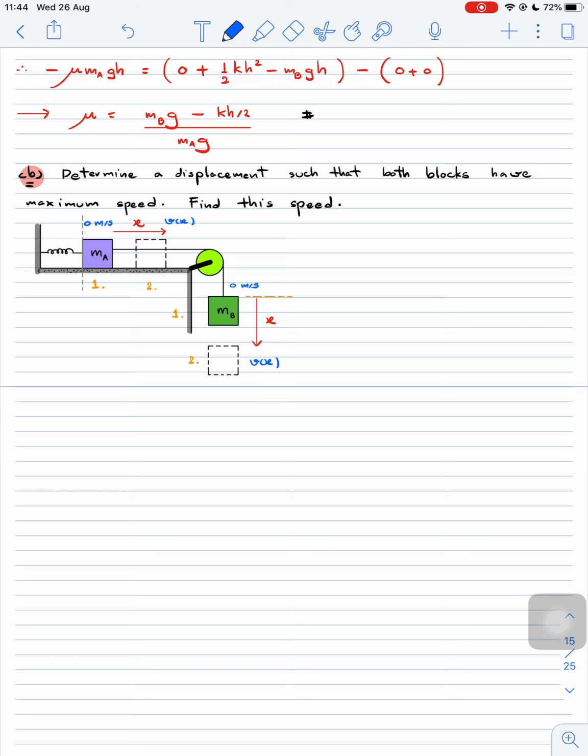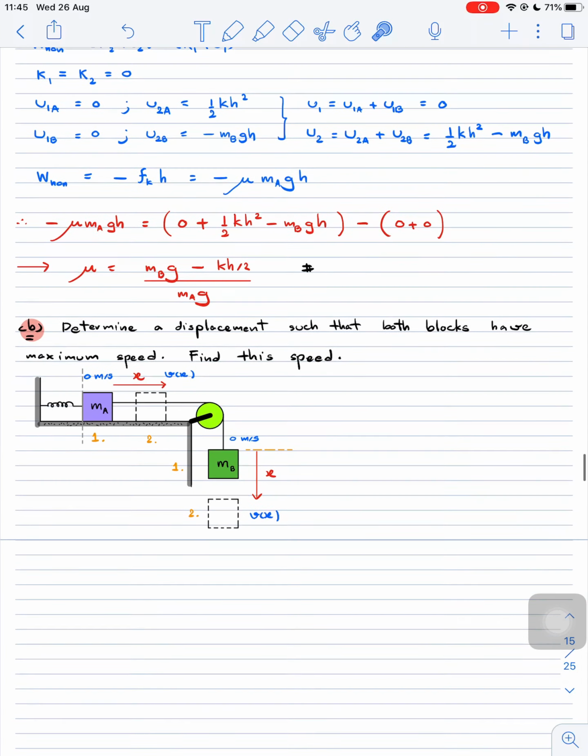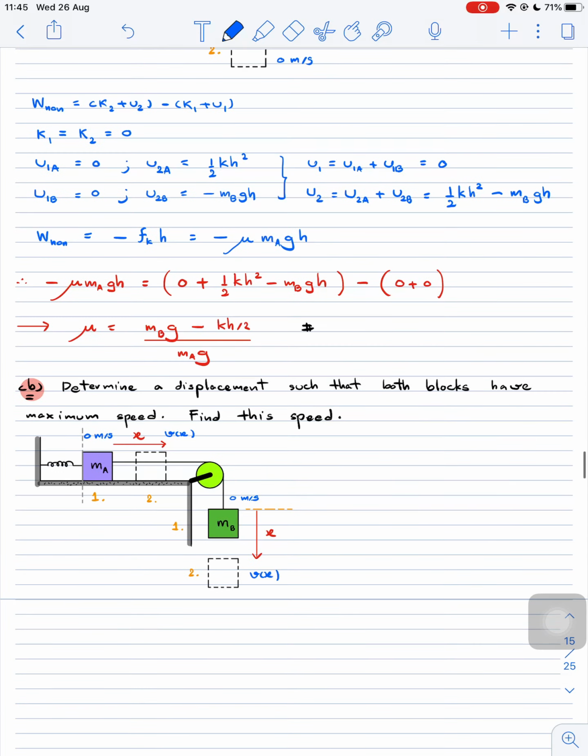So now we can do the same thing as we have done so far, but the thing that's going to be different is K2.